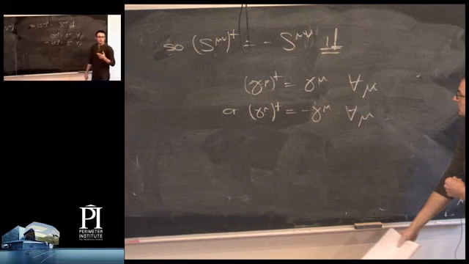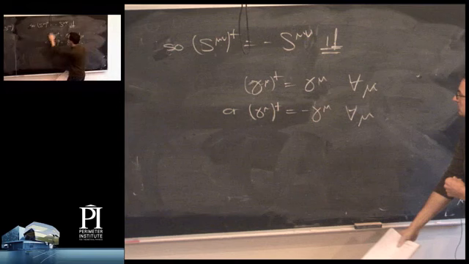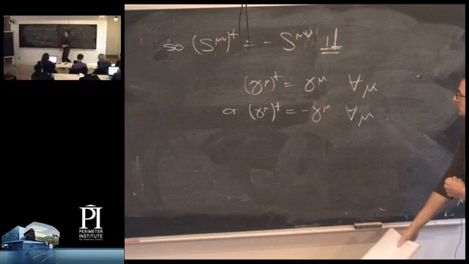Okay, you guys following? So if either of these were true, this equation here implies that this is true, and then that would mean that the representation was unitary. So let's now see why this can't possibly be true.